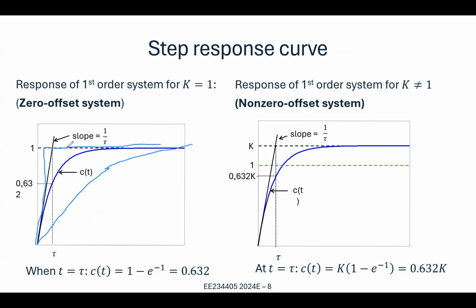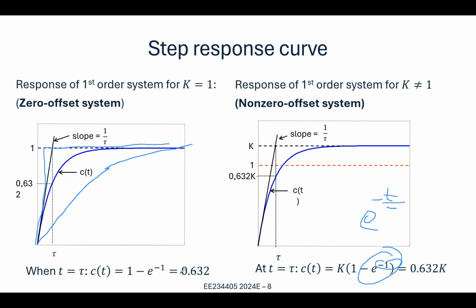These are determined by the time constant, because it determines how fast the e to the minus something term changes. That term is dictated by the time constant, because we have e to the minus t per tau.